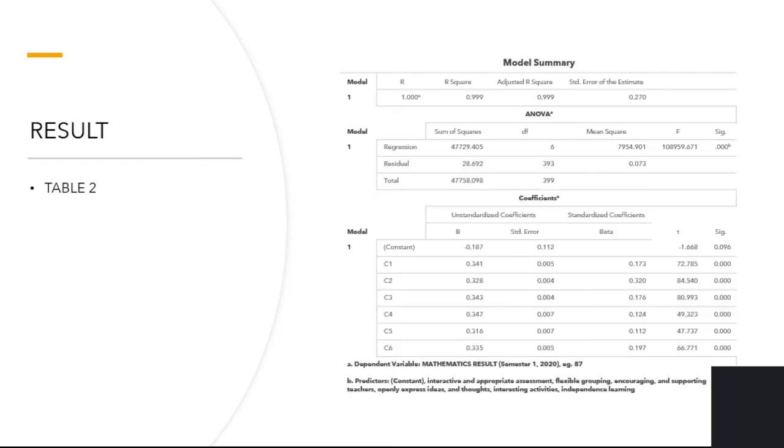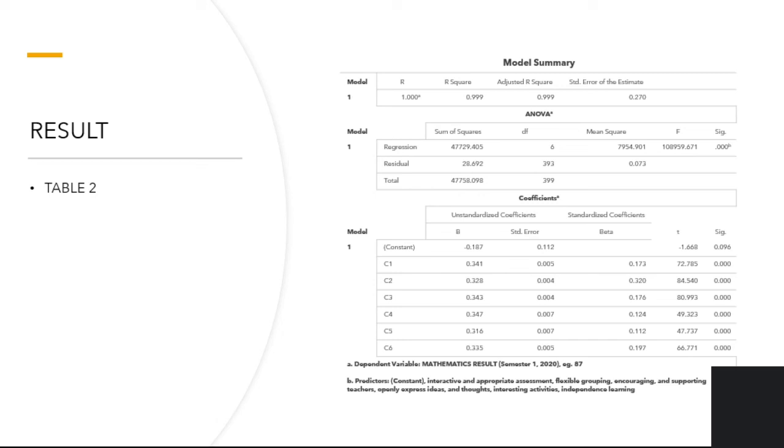Next is table number 2. Table number 2 shows the multiple regression model where all the predictors produce an R squared equal to 0.999, and the F value is 108,959.967, with p less than 0.01.